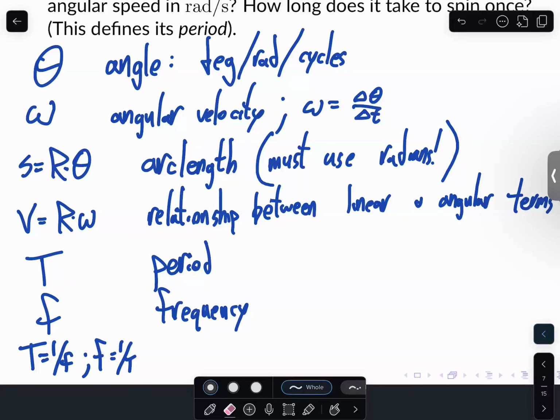We could talk about a wheel, a bicycle tire, whatever, rolling around. And then there is a very real interpretation of V, R, and omega. V is the speed of the rim of the bicycle. R is the radius of the bicycle tire. Omega is the radians per second of the turning of the bicycle tire, and that will give you the speed that the bicycle drives at.